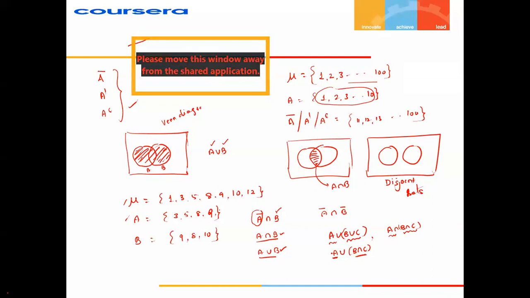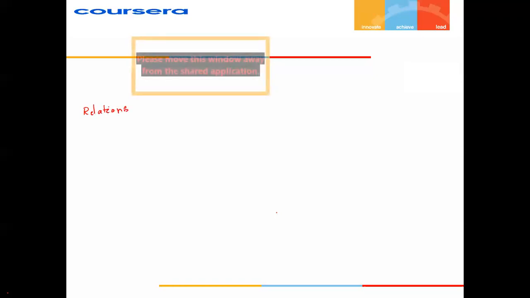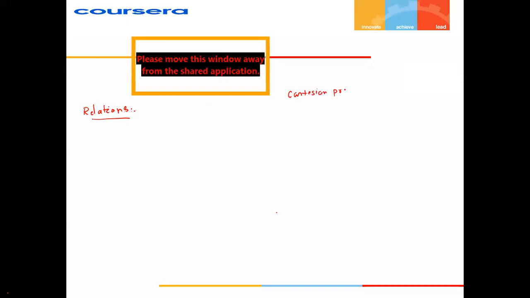Now, if we take this discussion forward, this is also a very, very simple concept. That is what we call relations. Before understanding relations, we talk about something called a Cartesian product. This is also very simple, basic mathematics.